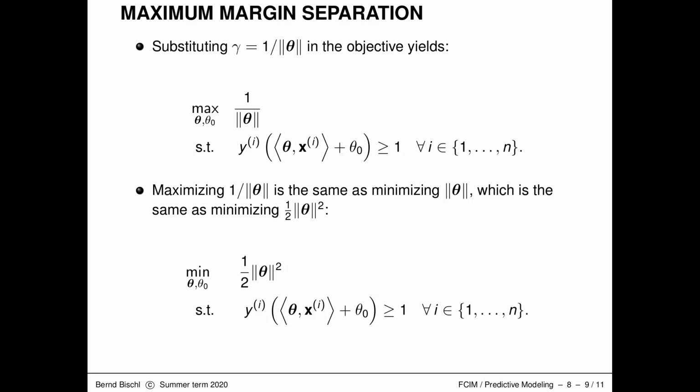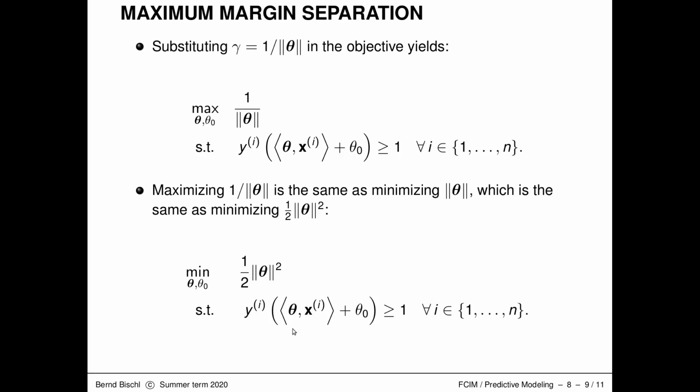So these are all simple transformations. By inverting, I just turn a maximization problem into a minimization problem, and these other transformations are just monotonous or isotonic transformations. So they don't change anything in terms of the solution set of my optimization problem. In a certain sense, all of these optimization problems are equivalent, so I can just pick the one that is most convenient for me.